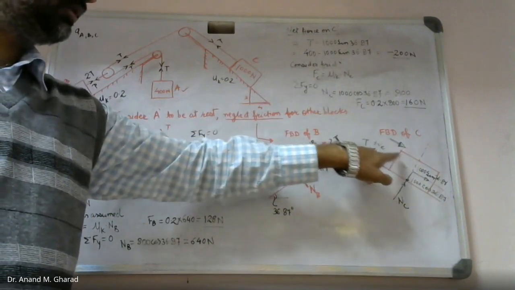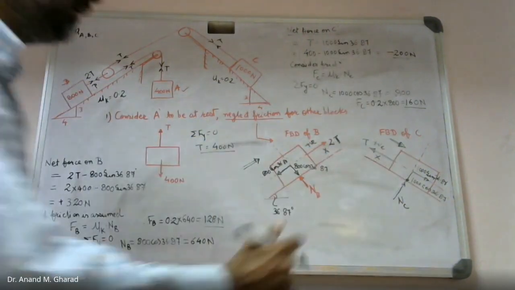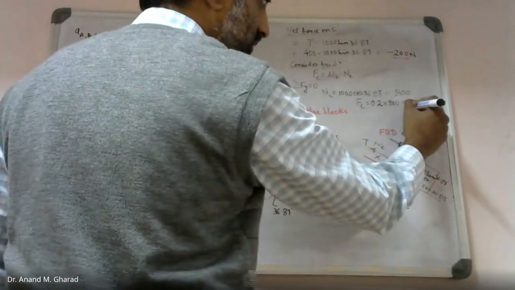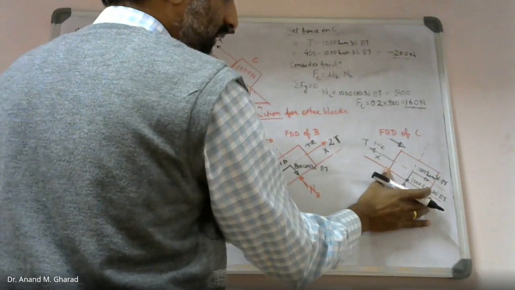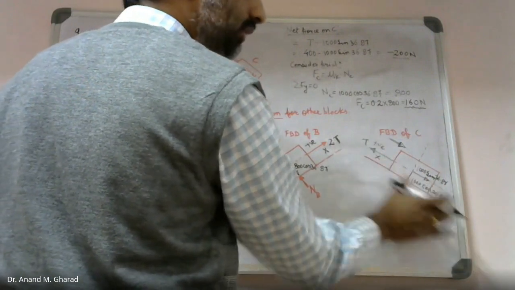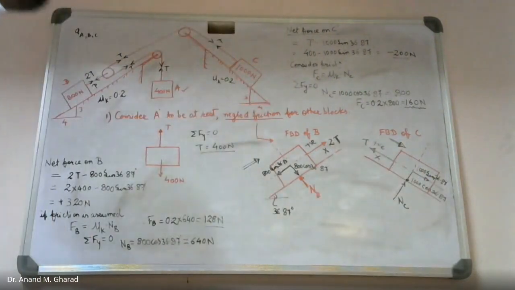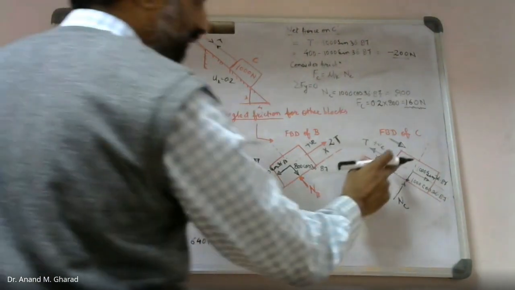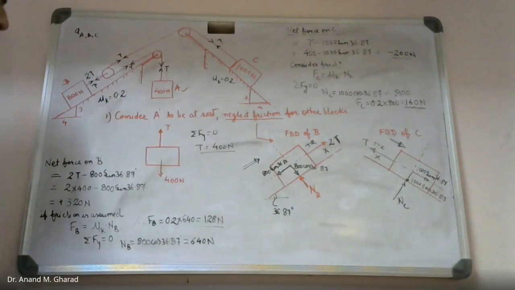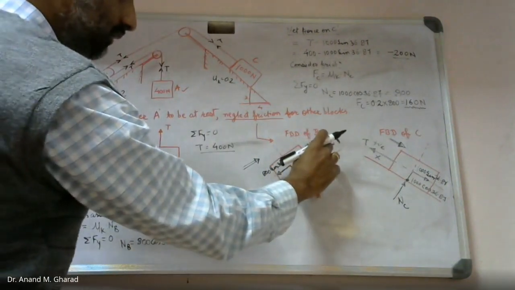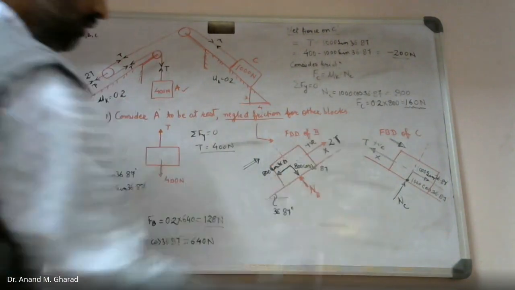This frictional resistance is insufficient to hold this block in position, and it will continue moving in the downward direction. So we have understood the direction of motion of this particular block. We have also understood the direction of motion of this block.